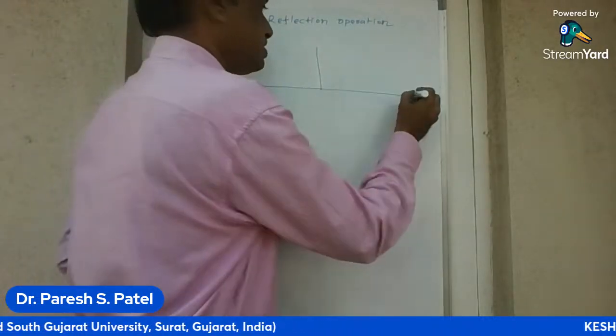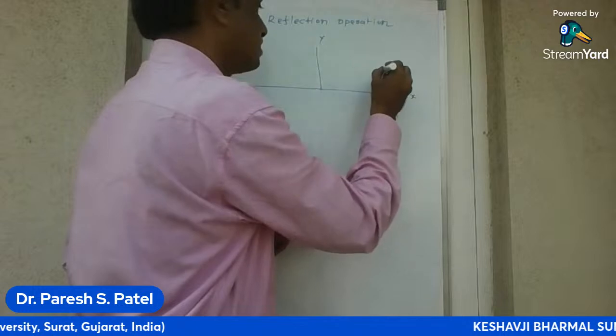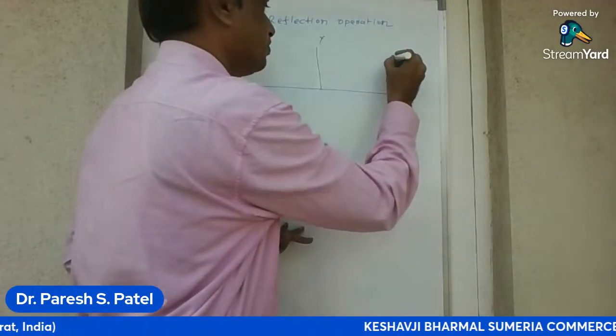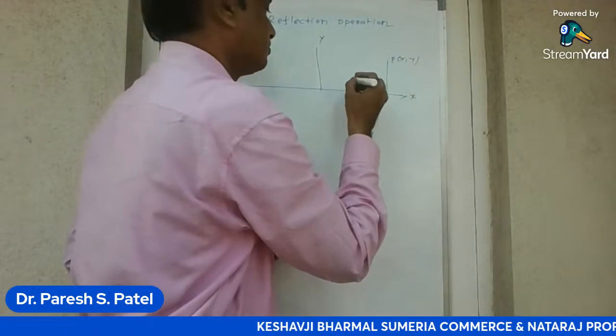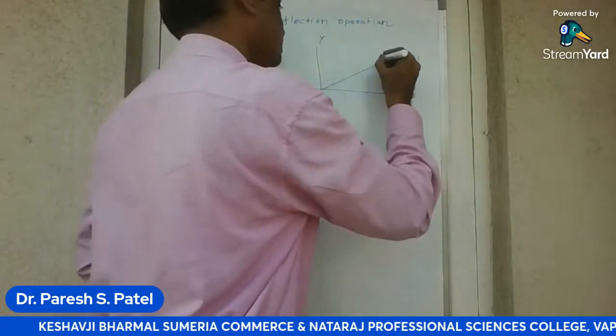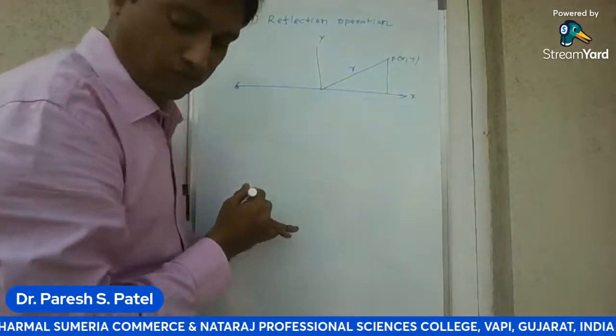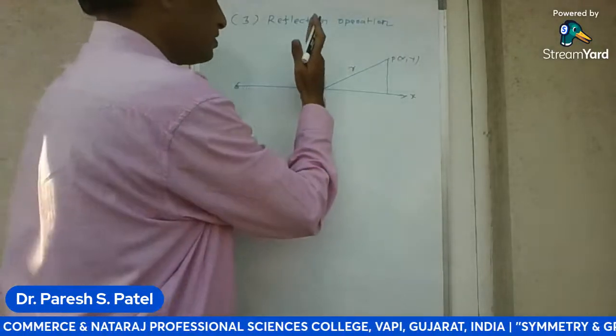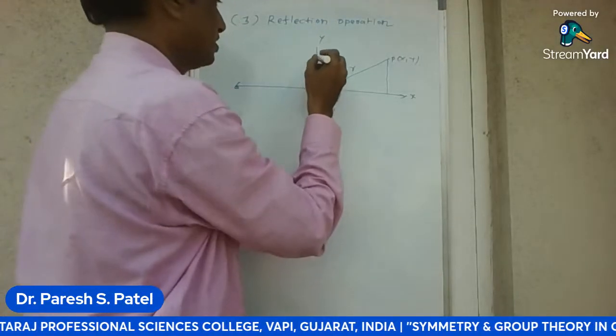Suppose this is the x-axis, this is the y-axis, and vector P has coordinates x and y. The length of this vector is r. Now, a reflection through the yz plane. This is the yz plane.